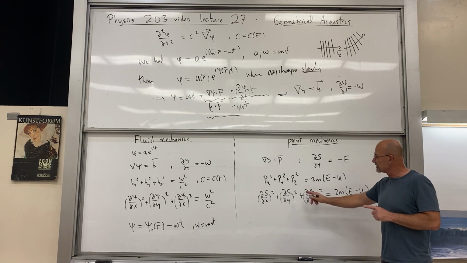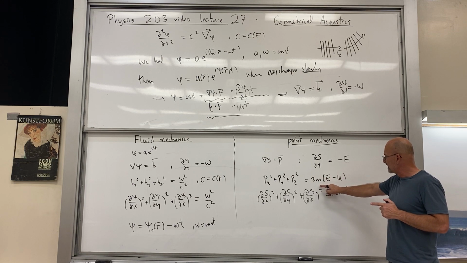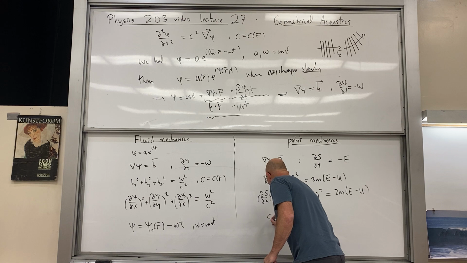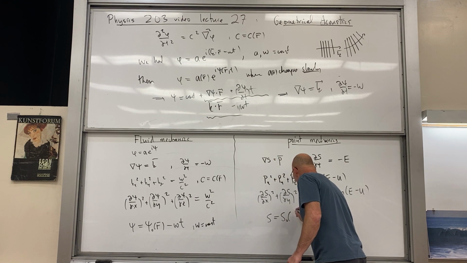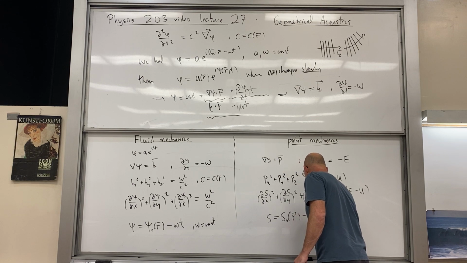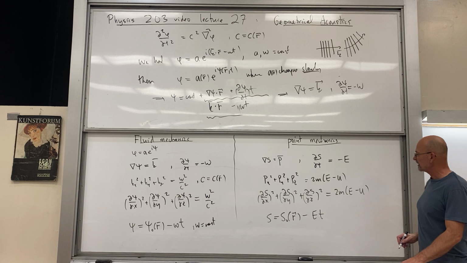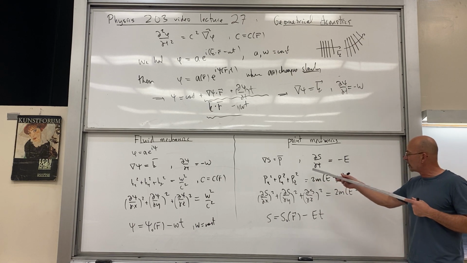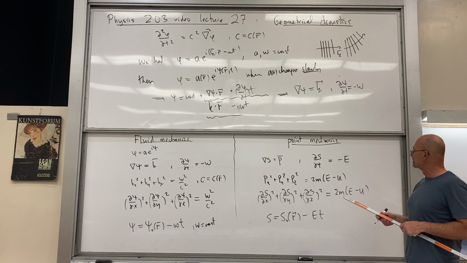And that's our Hamilton-Jacobi equation under the assumption that the energy is constant, and then we know that we use S0 of r minus E times t. And so for a problem in point mechanics, we know that we can use the Hamilton-Jacobi method.